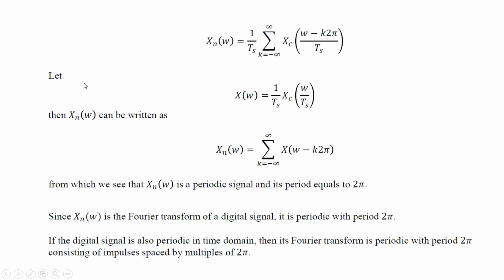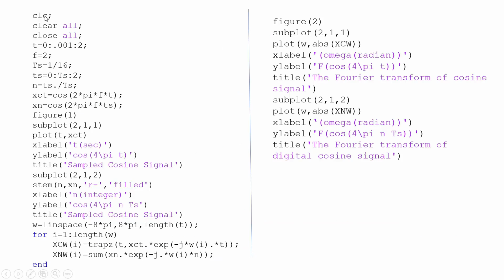Now we need to get the Fourier transform of the discrete signal, right? And we need to write the Matlab code for that. Now, clearing everything, what we will do is we will create the time steps within a range from 0 to 2, and the step size taken is 0.001.